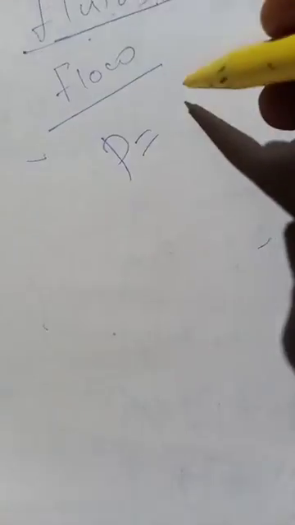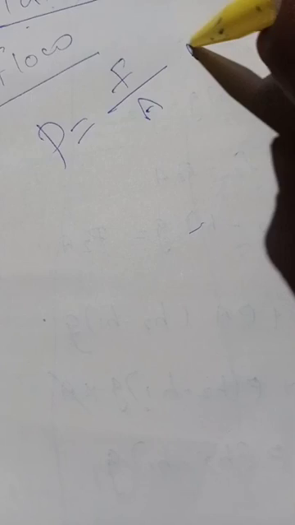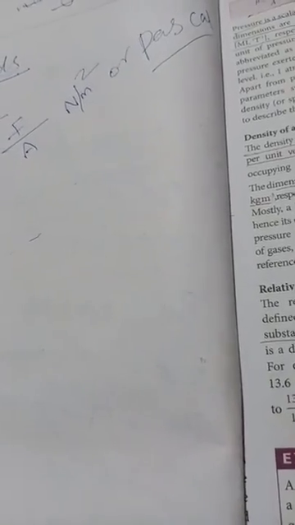We know the relation also. Pressure is force per unit area, and what is the SI unit of pressure? Newton per meter square, or you can use Pascal. So that is the first parameter, and the next parameter is density.